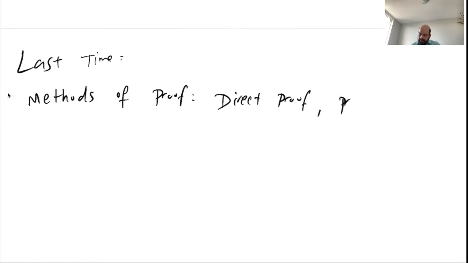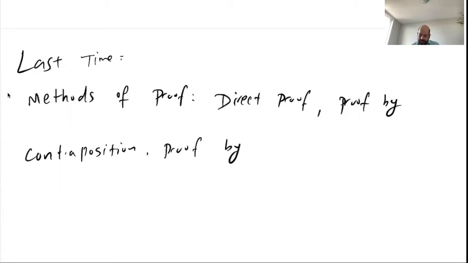We also saw proof by contraposition and proof by contradiction. In both of these methods, we assume what we want to show, which we normally call Q, is wrong.